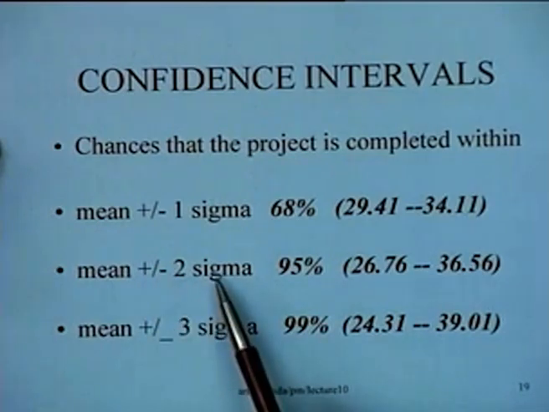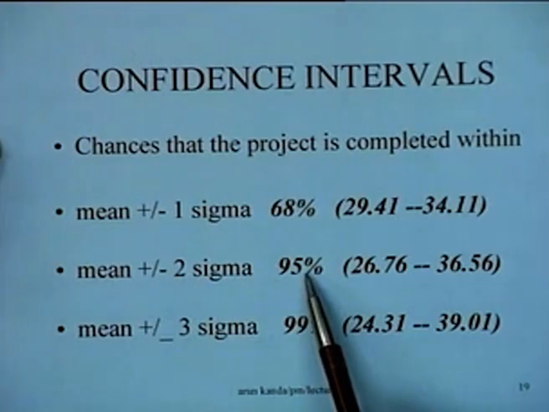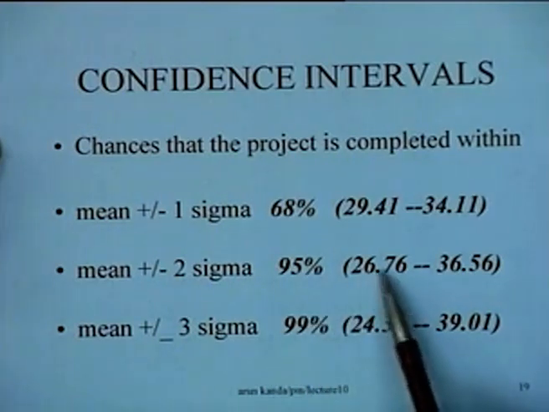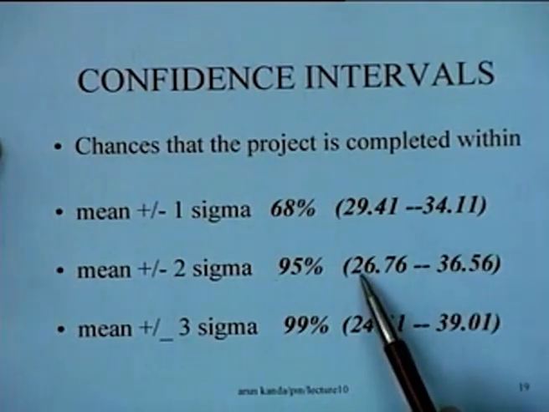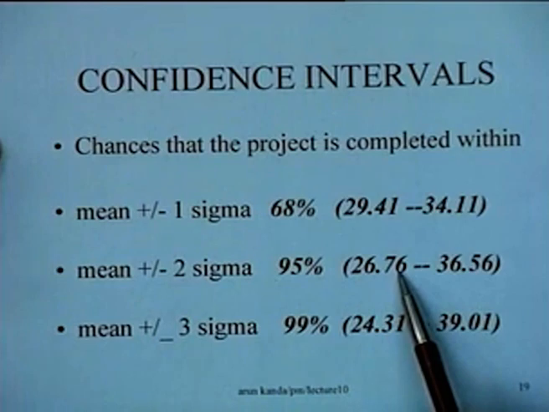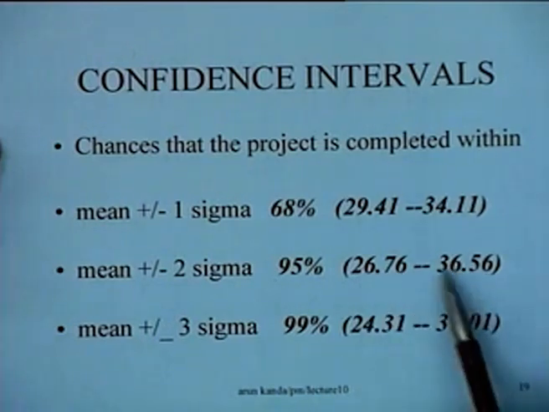Similarly, mean plus minus 2 sigma, here we say that the chances are approximately 95%, and the corresponding limits can be worked out in this example as something like 26.76 to 36.56. So these limits are obviously wider than this. These are 2 sigma limits.